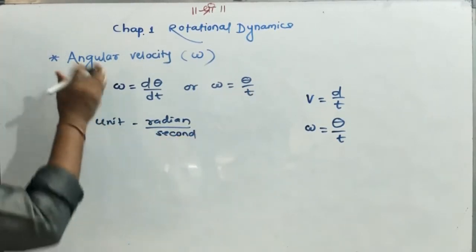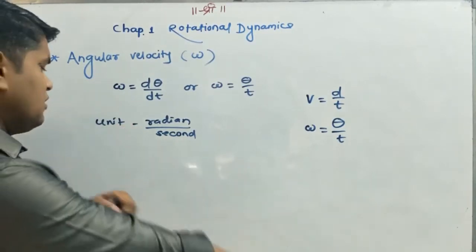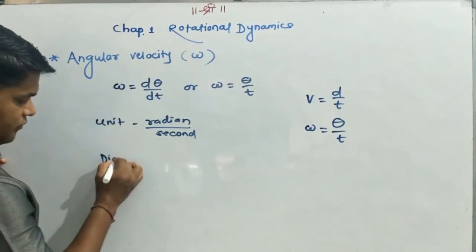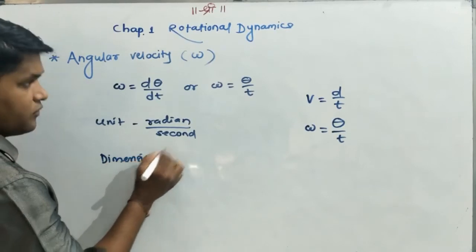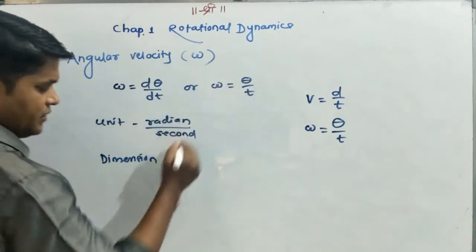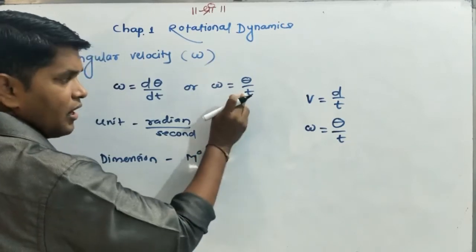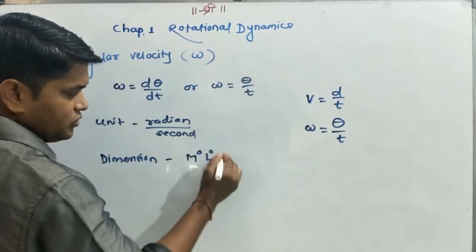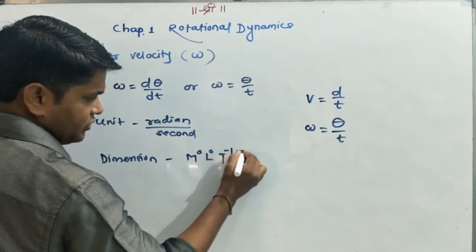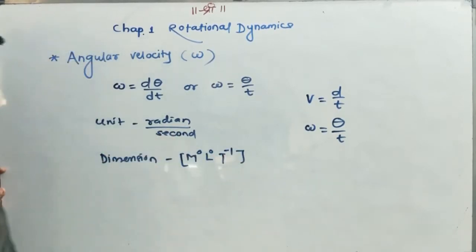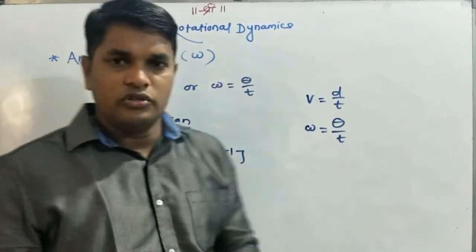So the unit of angular velocity is radian per second. Its dimension: theta has no dimension but time has dimension. So we get M^0 L^0 and in the denominator we have T, so after solving we get T raised to minus 1. This is the dimension of angular velocity.